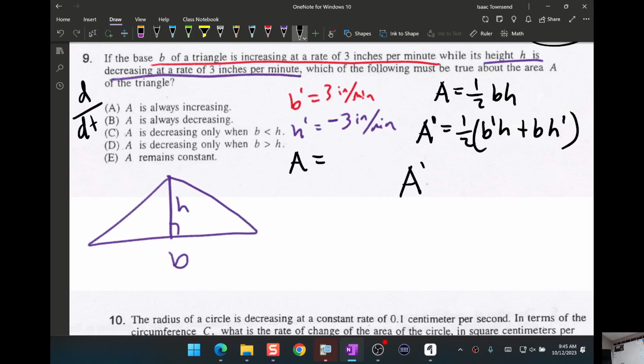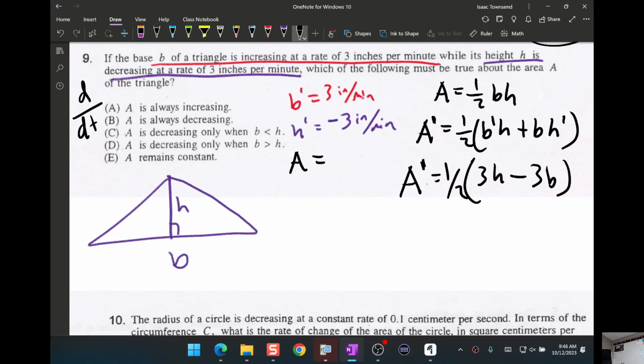And if I start plugging in this stuff, I know this is 3. I know this is -3. And they're asking something about how the area is changing.